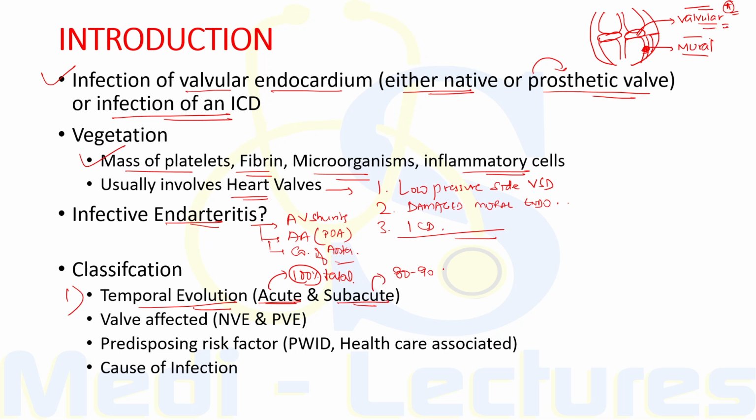It has survival rate of about 80 to 90%. Now this can be classified according to the valve affected, whether native valve or prosthetic valve, according to the predisposing risk factor like people who inject drugs or healthcare associated infective endocarditis, and finally according to the cause of infection.